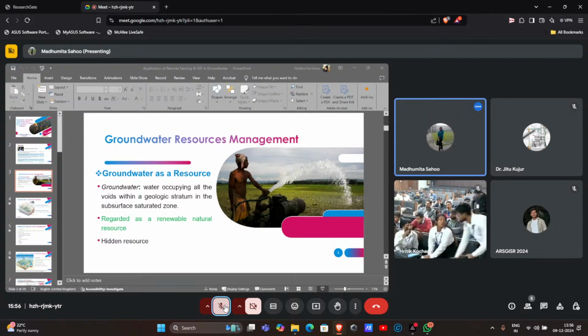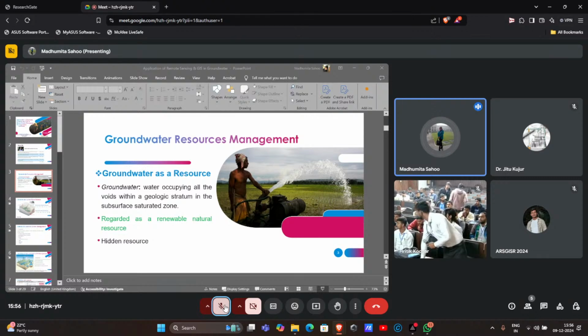So before that, we can look at how the first-hand information which we collect from the field can be used. The first is if we have a setup or network of rain gauges or wells, instruments to collect rainfall data, or a data logger fitted to a groundwater well from which we get groundwater level information.